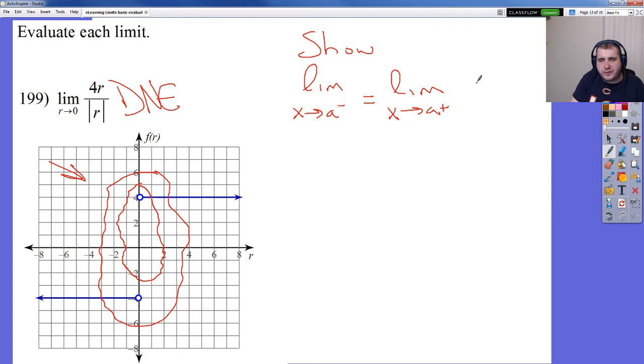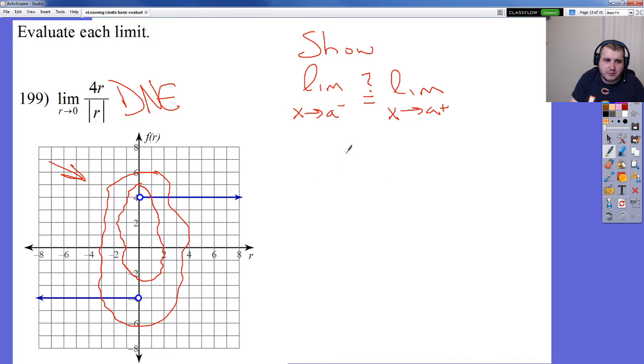If they're equal, then the limit exists and it's at the place where they are. If they're not equal, then it can't exist, right? So we're going to go through and show, does it or does it not? If it does, then cool, we find out what that is, and that's our answer. If they're not the same, then our answer is it does not exist.